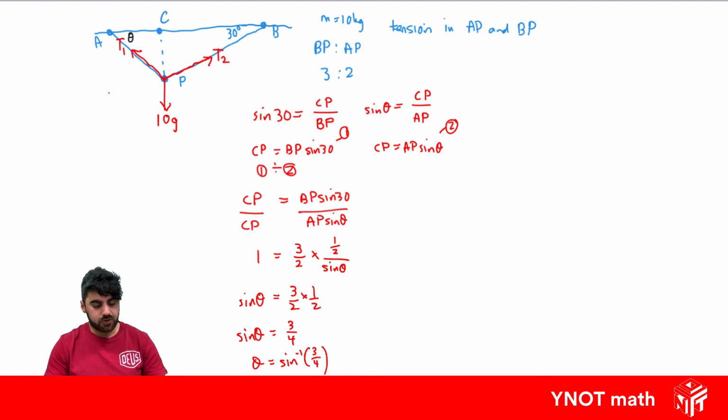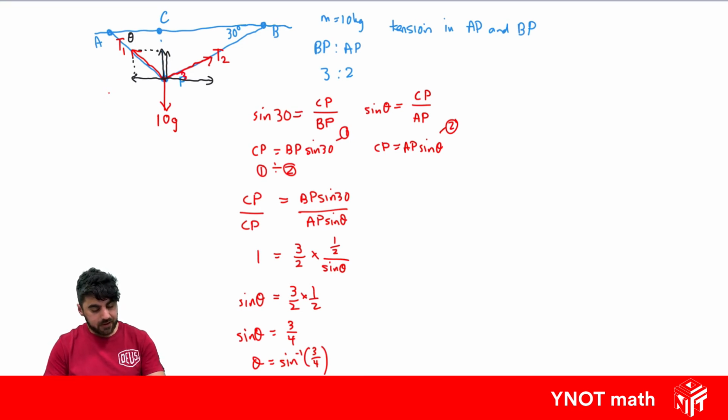Now we're ready to resolve our forces for T1 and T2. So resolving them means drawing our horizontal and vertical components in, so they form a nice rectangle. We have this one here and this one here. So these are both vertical, we just didn't want to draw them on top of each other.